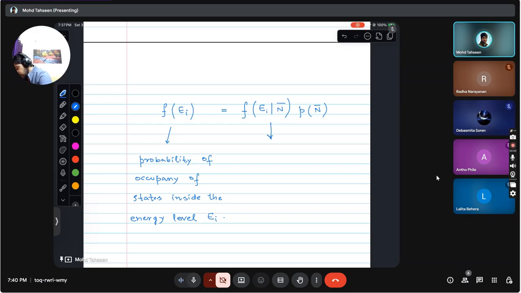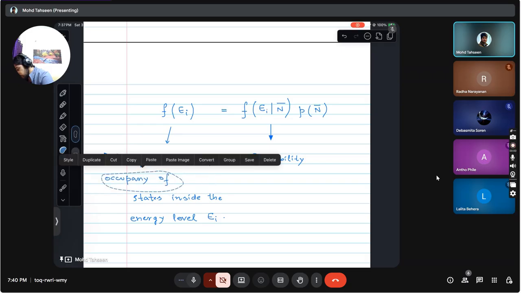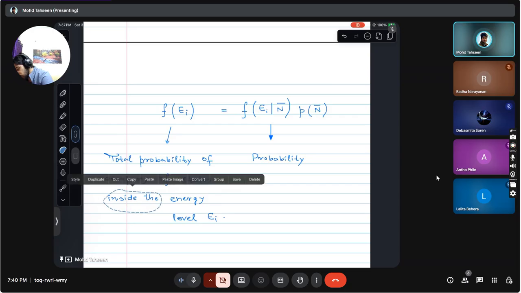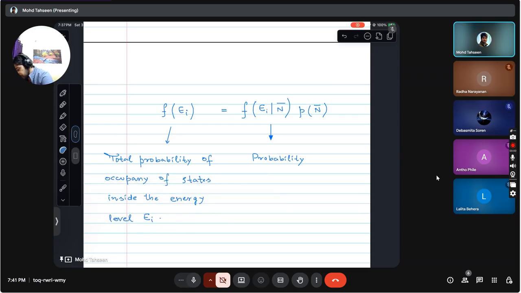The left hand side is the total probability of occupancy of states inside the energy level EI, and this quantity does not care about what the distribution is.